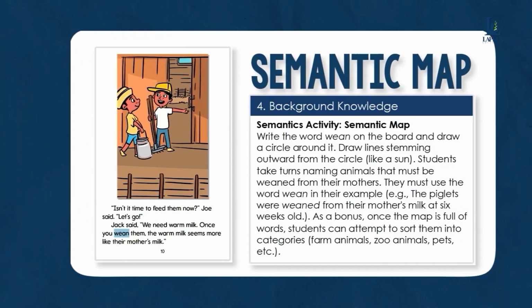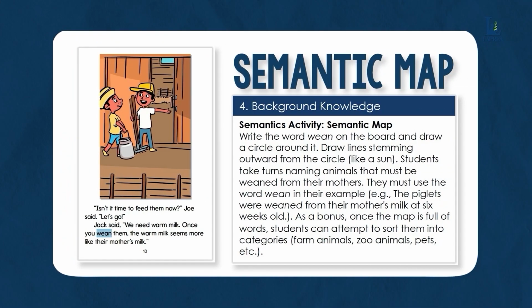Next is using a semantic map. So using a semantic map in this way, I would pull out a word from the story. Again, for this particular story, I pulled out the word wean. We would write the word wean on a board or a dry erase board. We draw a circle around it, and then we draw lines stemming outward, kind of like a sun.